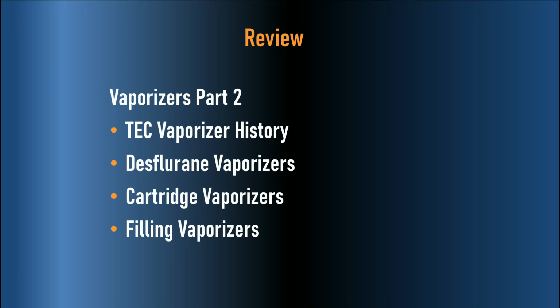I then went on to discuss cartridge vaporizers, which are reservoirs for liquid and they contain a vaporizing chamber, but there is no bypass channel within the vaporizer itself. I finish with exploring the different problems with filling vaporizers.